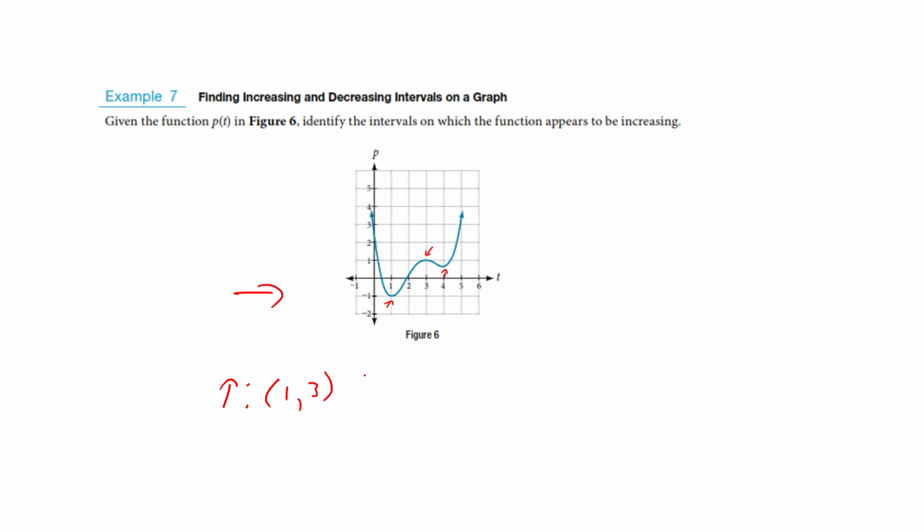Now I go downhill again for a while, then from 4 to infinity, I went uphill. Now notice I'm using parentheses here because at 3 or at 4, I'm at a turning point. I'm actually not going up or down. I've hit the valley. I've stopped. So we don't want brackets. We want parentheses.